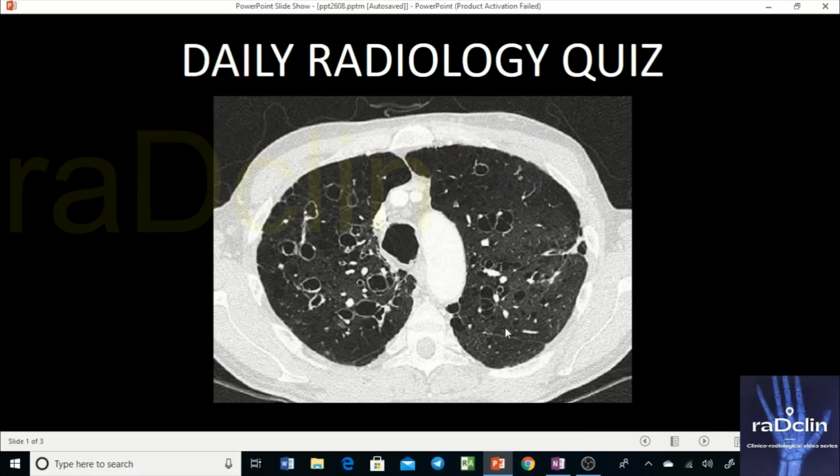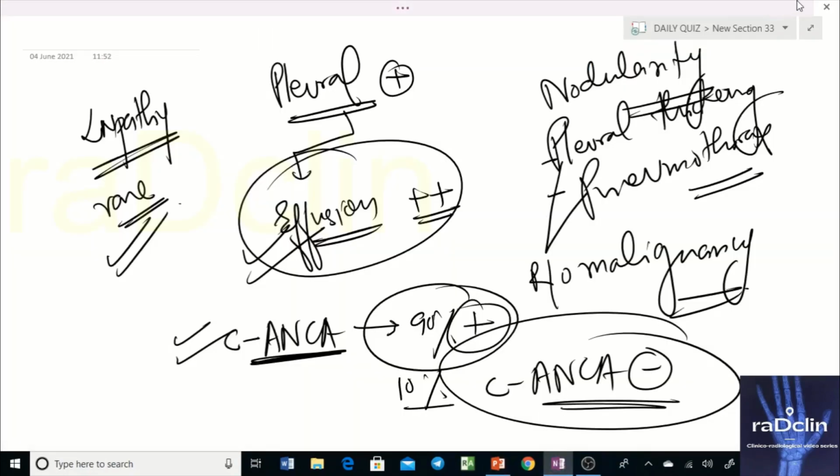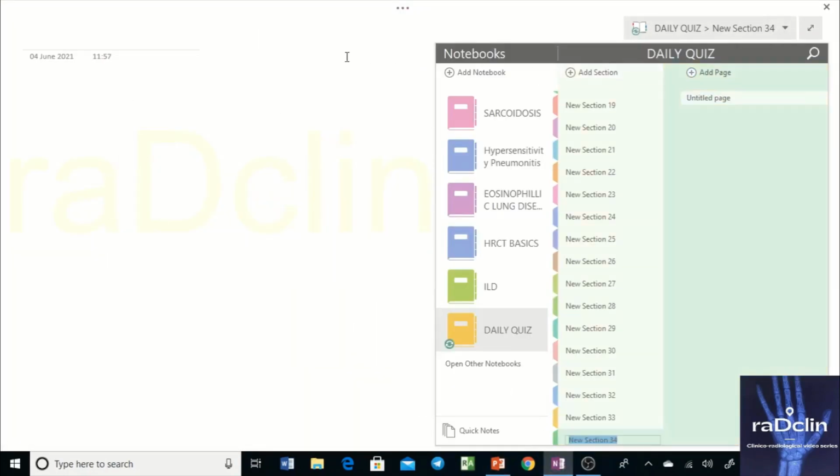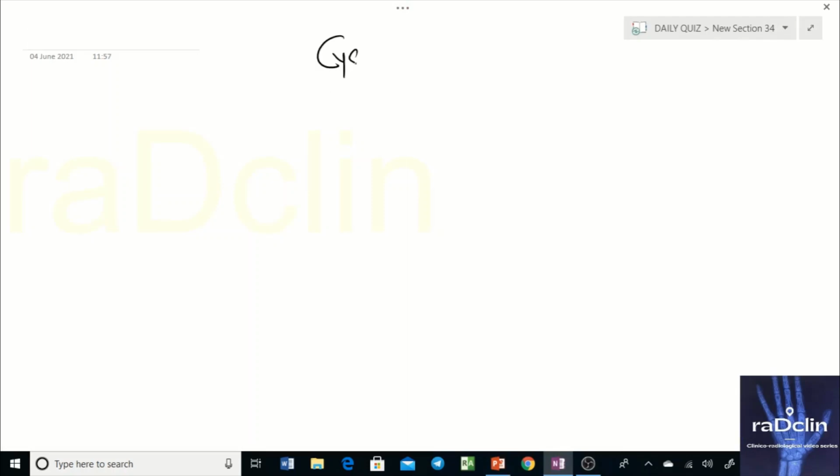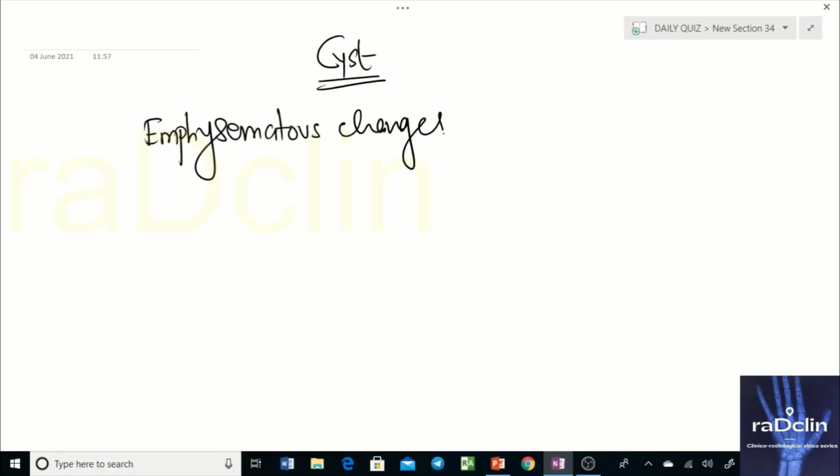Cyst could be anything that has a wall. Okay, it has a wall. Now a cyst could be, let's say, even if a patient has emphysematous changes, they can also appear like a cyst.